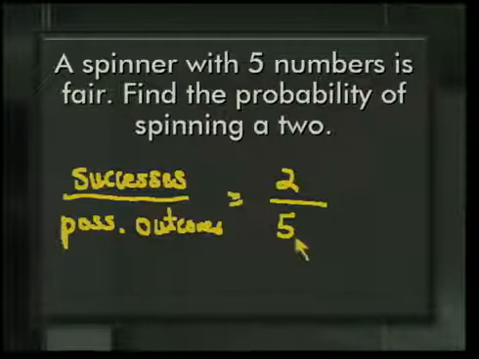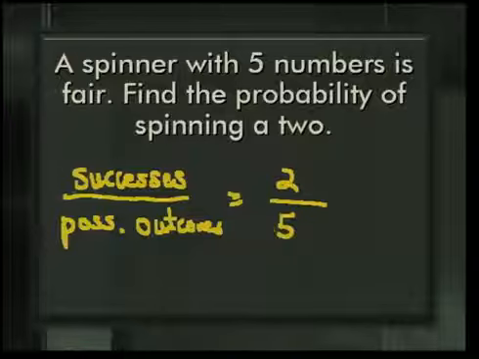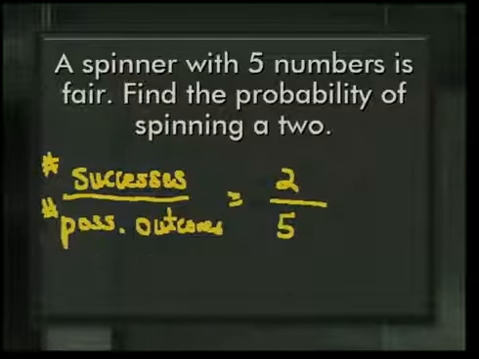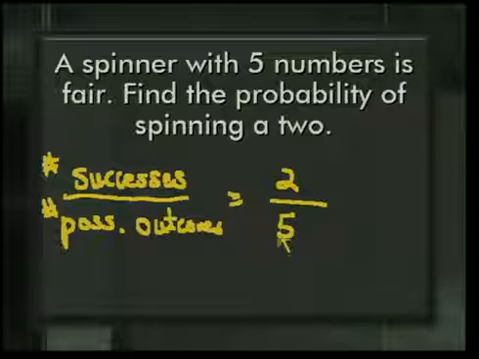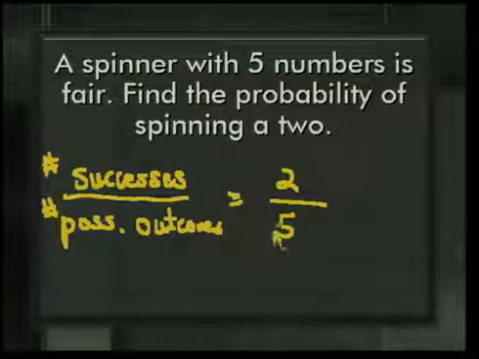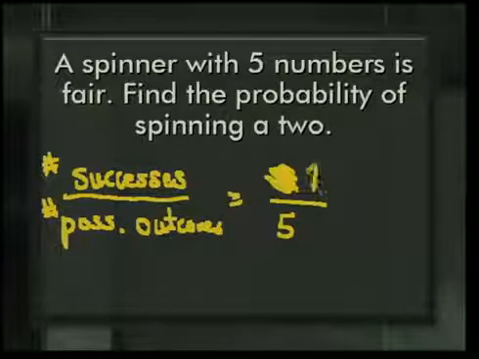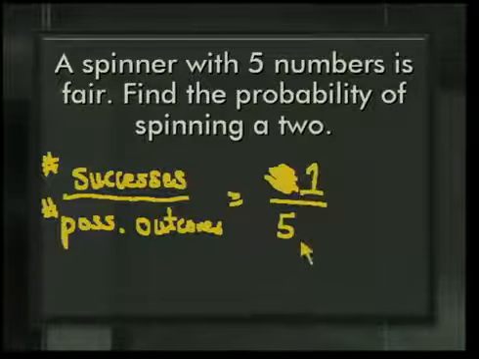No, no, no, no, no. The question here is the number of successes out of the number of possible outcomes. There are 5 possible outcomes. How many of the 5 numbers are 2? There's only 1 2 on the spinner, right?